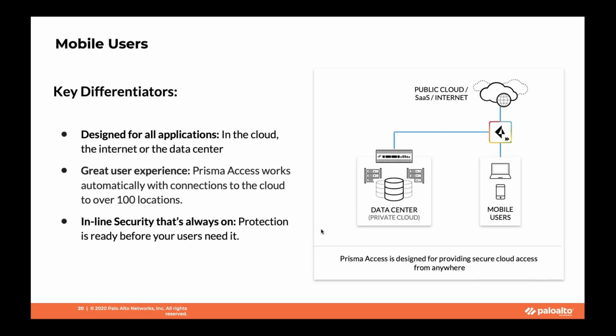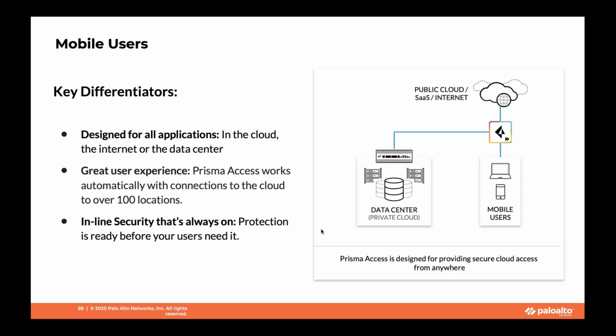A web proxy only allows you to use web applications. Prisma Access is really a next generation firewall in the cloud, so you can use it to send all applications to the internet and to the data center.